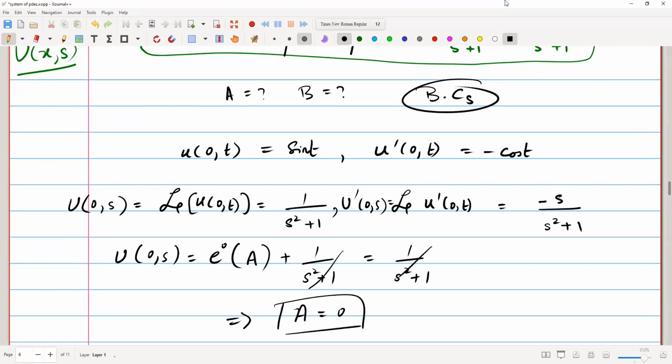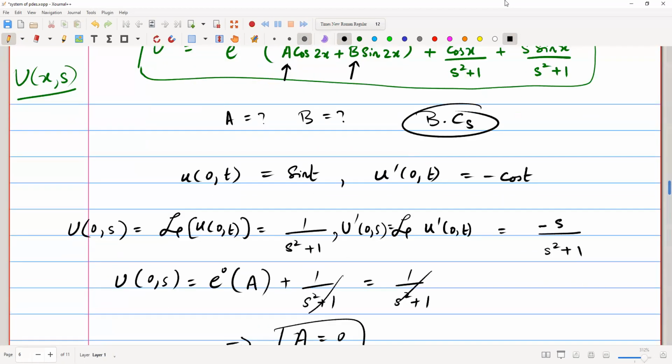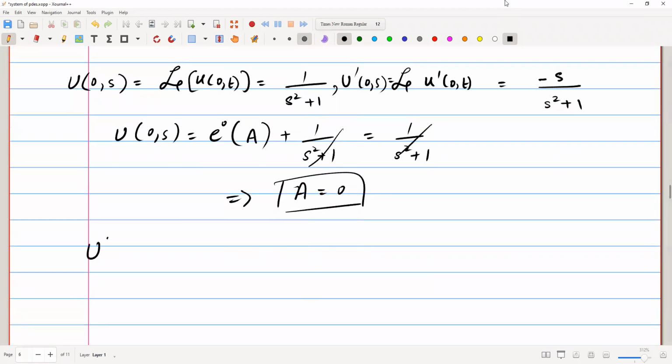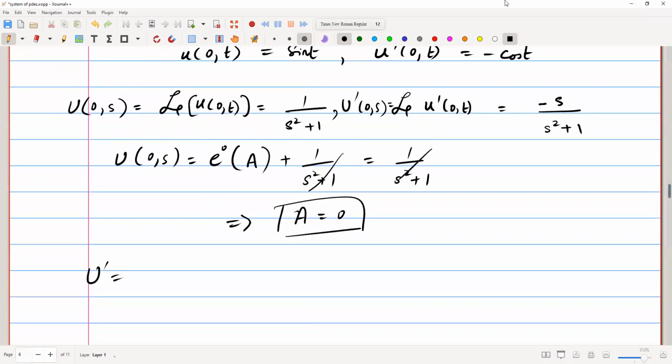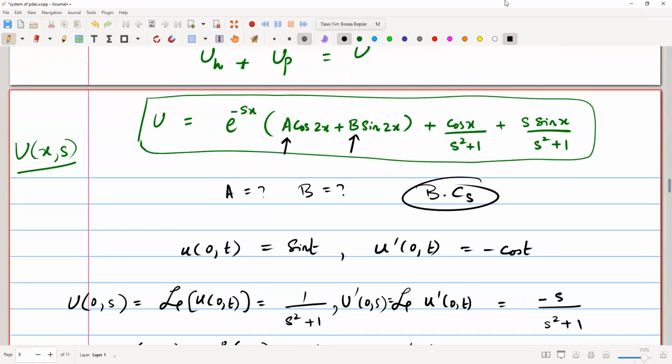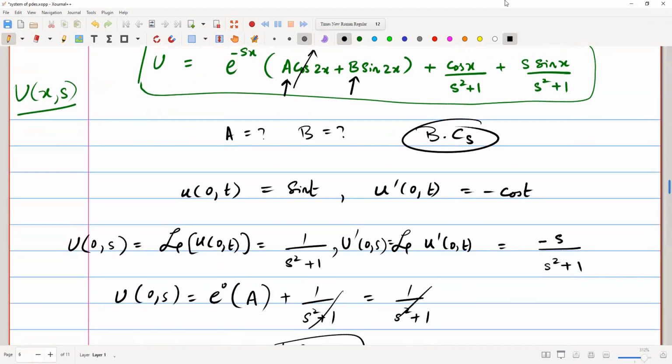So the constant a is 0, and for the constant b, we need to take the derivative of this. Since a is 0, eliminate this whole function because a is 0. So it's e to the power negative sx into b sine 2x.